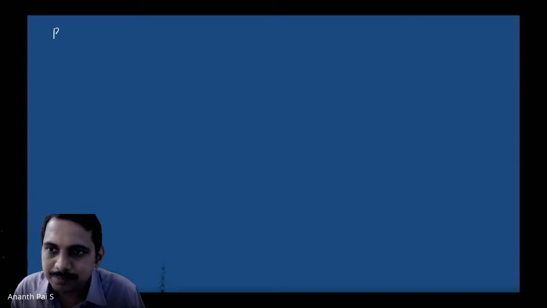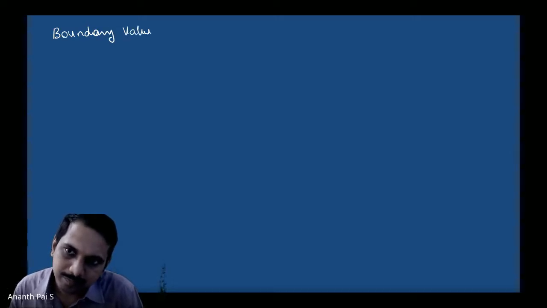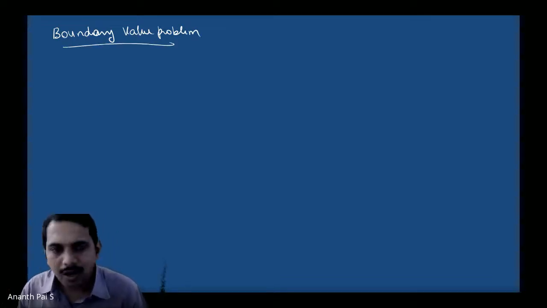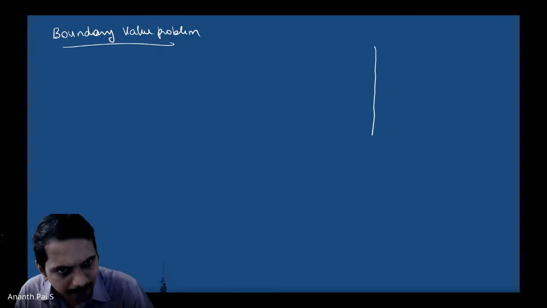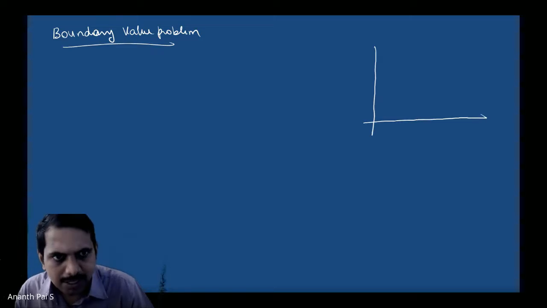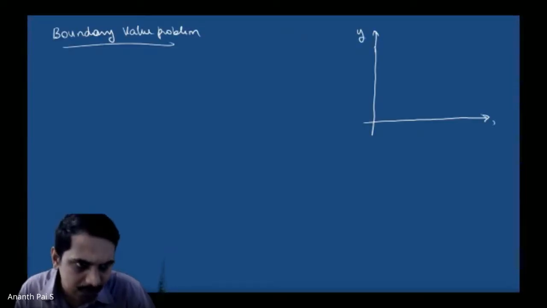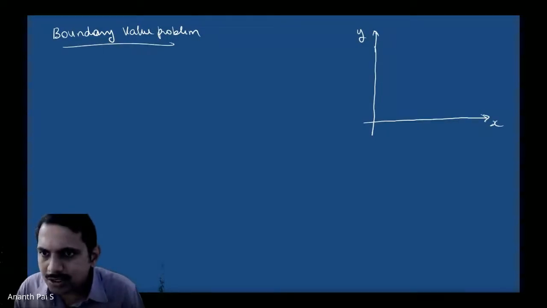Now let us look at the boundary value problem. Now we will take the same example. We have defined, say, this is y, this is x, and then what is the equation we have?